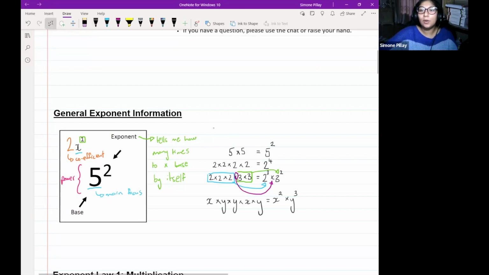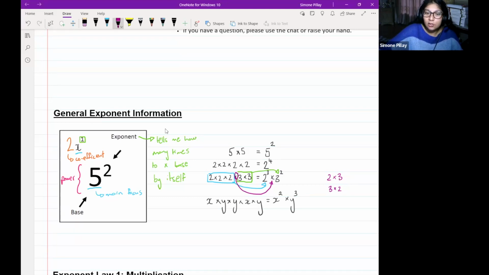And what I want to point out to you guys is that just because they aren't next to each other doesn't mean we can't move things around. Remember, when we're dealing with multiplication, saying 2 times 3 is going to give me the same answer as saying 3 times 2. So when I'm dealing with multiplication, I can move stuff around to make it easy for me.